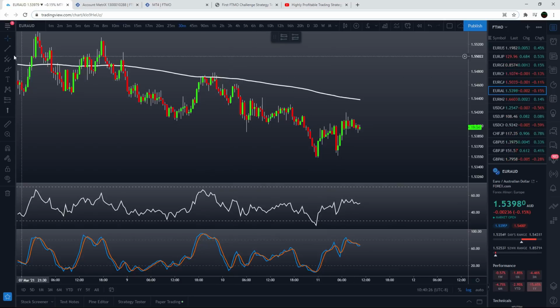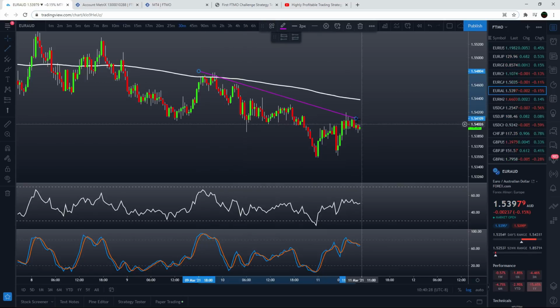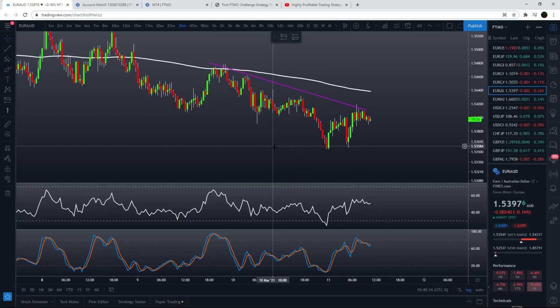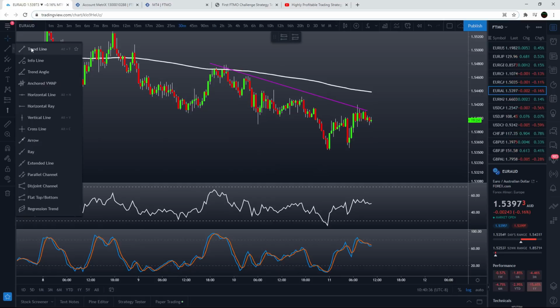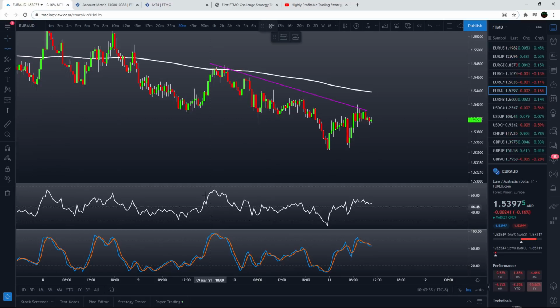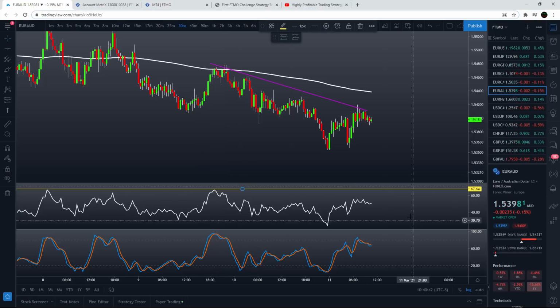So let's compare this peak to this peak right here and here. These are the peaks that we're comparing the hidden divergence with. So you need to look at the RSI and say, okay, where's our high? It's right here. And have we made a higher high on the RSI but a lower high on price?